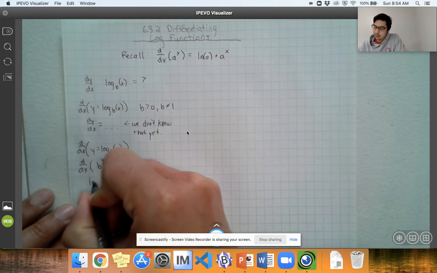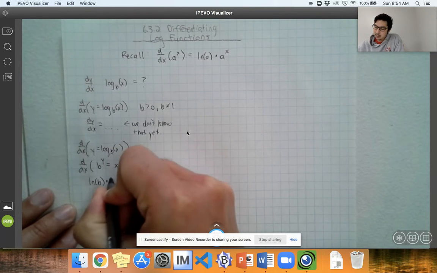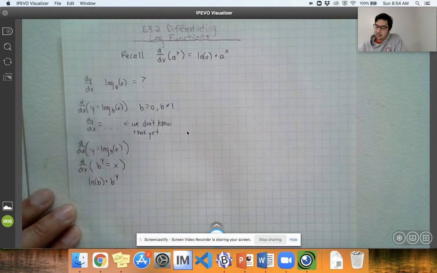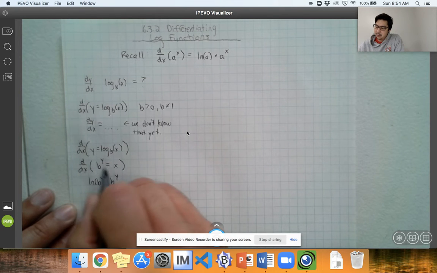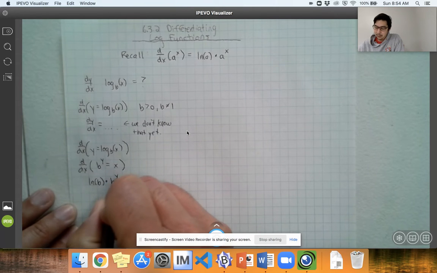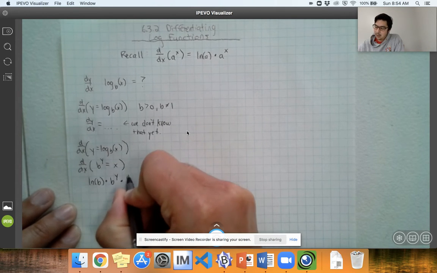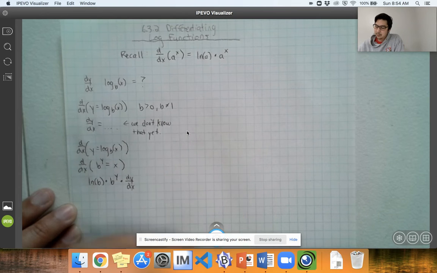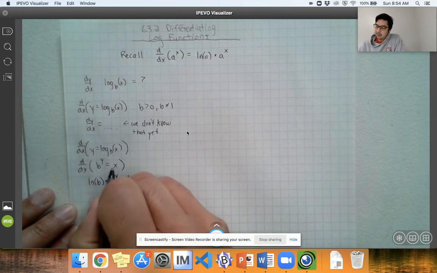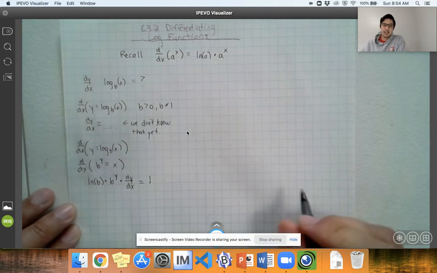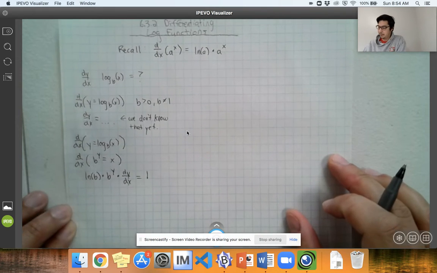That's going to be the natural log of b times the function itself. But because of the chain rule, the derivative of the outside, which is natural log of the base times the function itself, leaving y alone, times the derivative of the inside, which is dy dx, is equal to the derivative of x with respect to x, which is 1. So that's a little implicit differentiation.